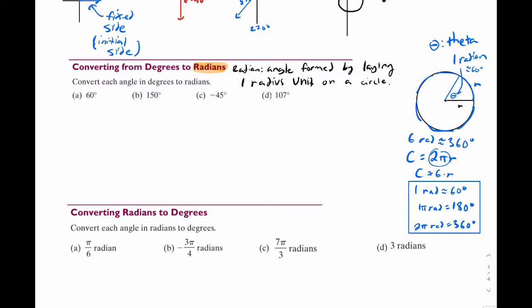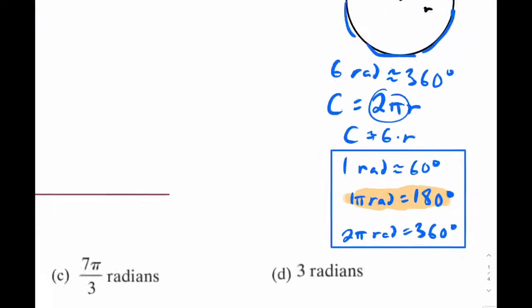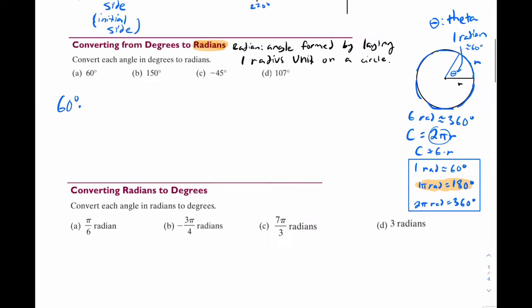It says convert each angle from degrees to radians. So simply take your 60 degrees. The one we use the most is going to be right here. So you guys can highlight this middle one right there. So you just write 60 and multiply it by the conversion factor, which is going to be pi over 180.